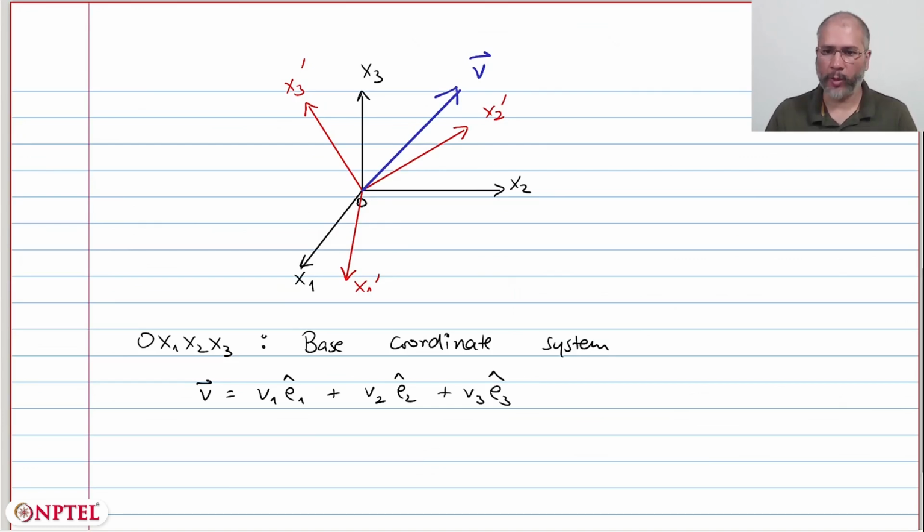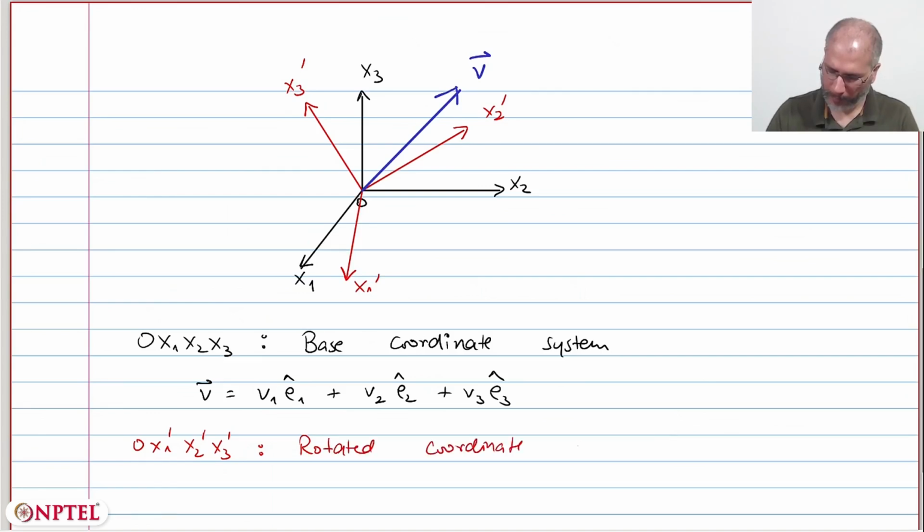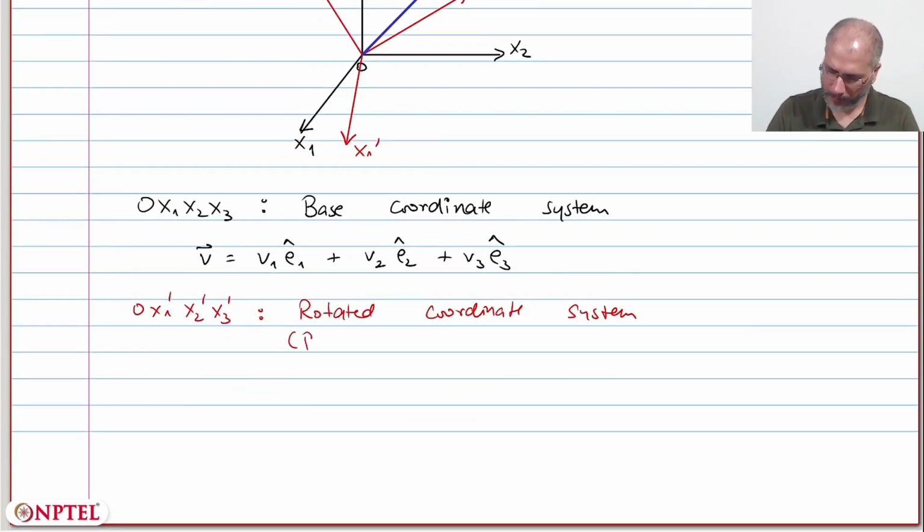Now in the rotated coordinate system, sometimes also called the primed coordinate system because of the primes we use, the vector v will be written as v1 prime e1 prime.